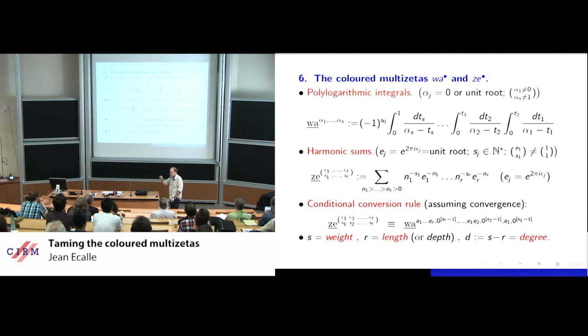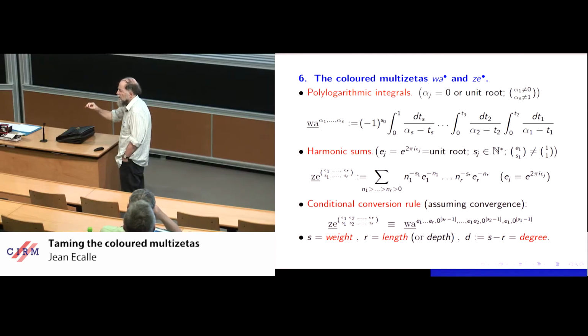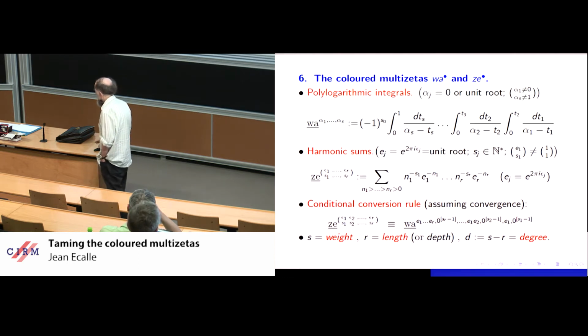A unit root is written as e to the 2 pi i times epsilon, which lives in Q modulo 1.